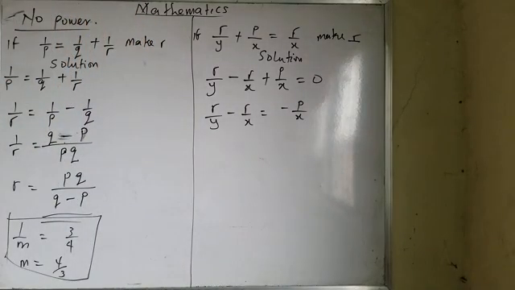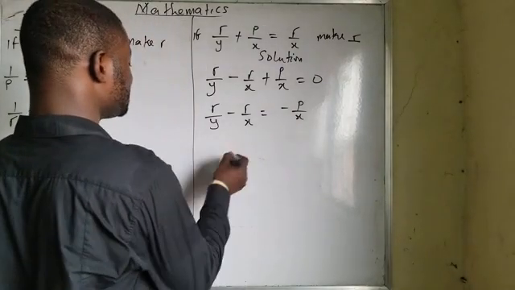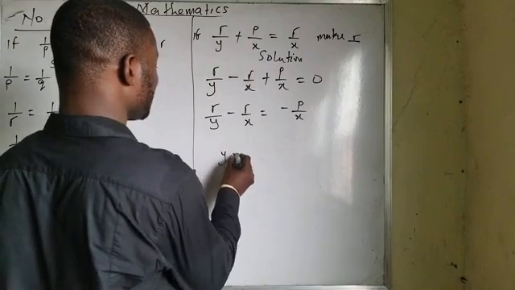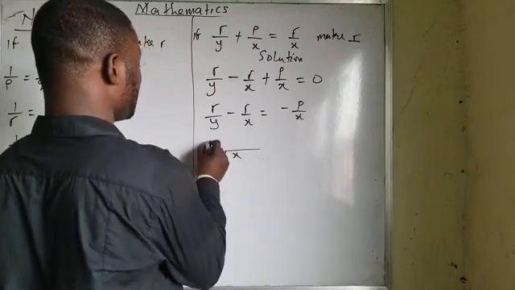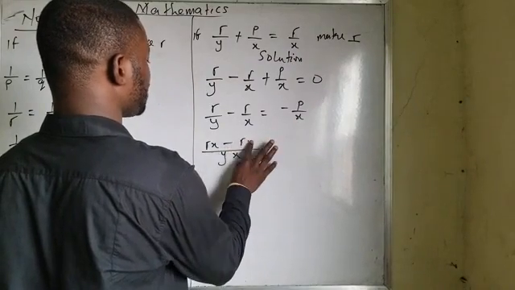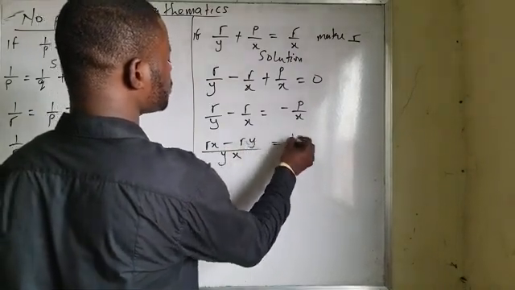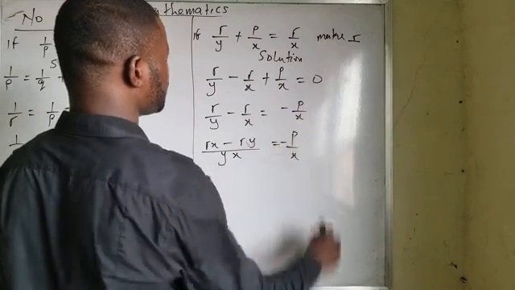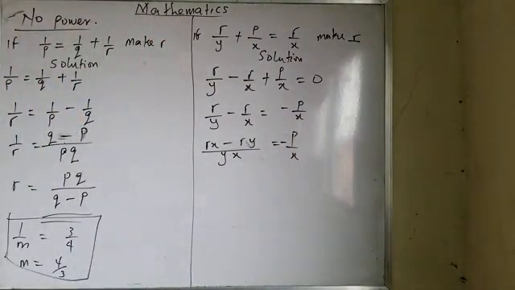Now, the only problem I'm having now is the R, and I want to make R the subject. It means I can say that YX, which is my LCM, X minus Y, R equals minus P all over X. Don't forget that minus must be there.